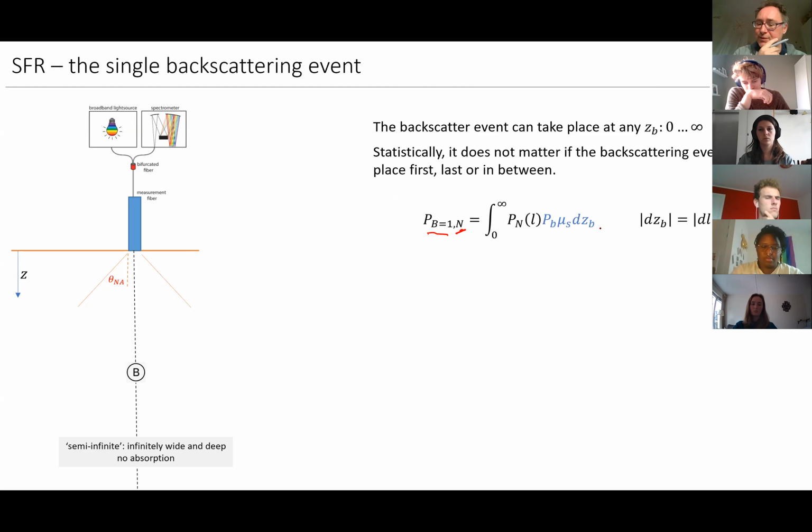Now I run into a little bit of a problem with my bookkeeping, because if I would follow the same definitions as before, then my DZB, the step over which I move this backscatter event, would be equal to a DL, just like the DL that we had before.